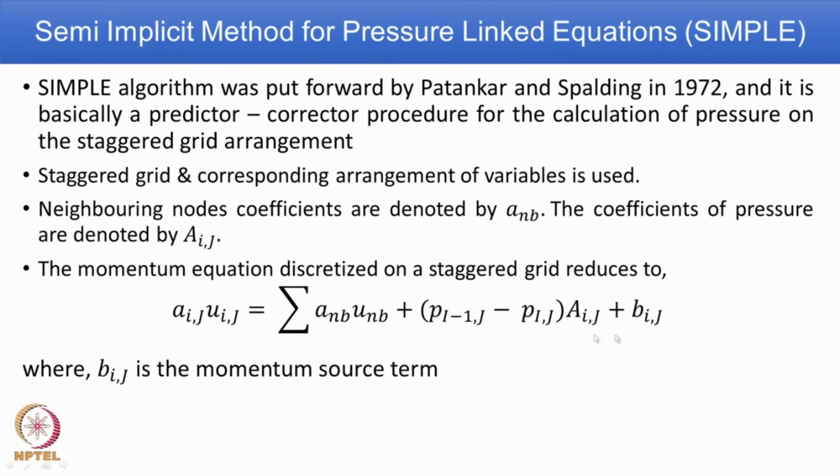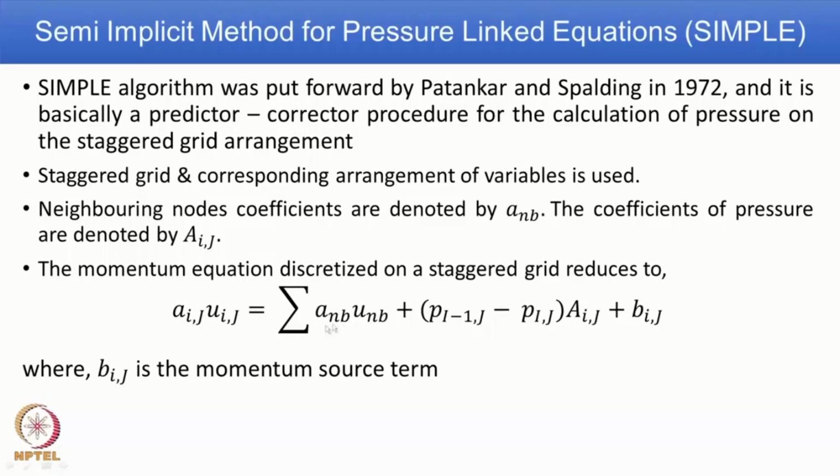This equation is a generic equation, in the sense that if you run the variables I and j appropriately for x and y direction, from top to bottom, from left to right or from bottom to top, then you are able to write this equation for all nodes in that domain. And the neighboring node is brought to the right side because it is supposed to be known either from the previous iteration or from the guess value.